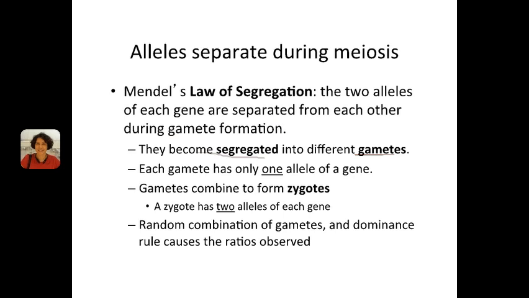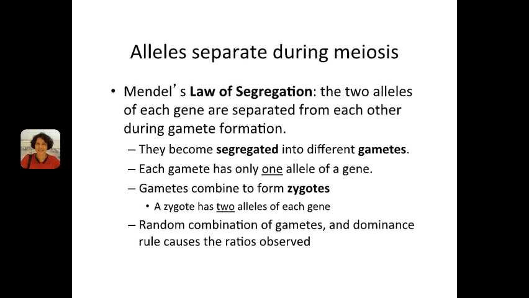So in the gametes, remember that during meiosis the number of chromosomes gets cut in half. What is happening there is that the 2 copies of each gene are getting separated from each other, and each daughter cell is going to end up with 1 copy of every gene.